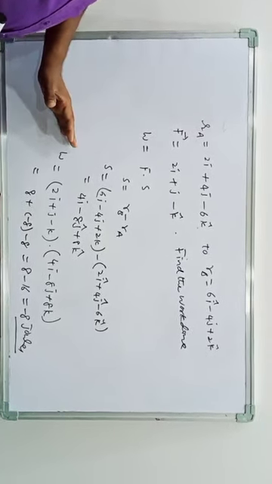Work done is the integral from 1 to 3 of 2x i cap into dx i cap, plus the integral from 2 to 6 of 2j cap into dy j cap, plus the integral from 3 to 1 of 3z² k cap into dz k cap.